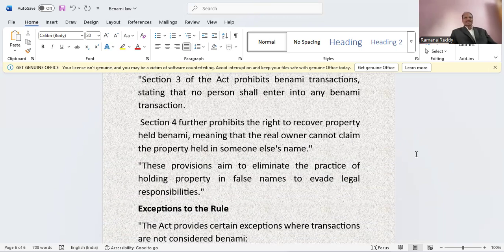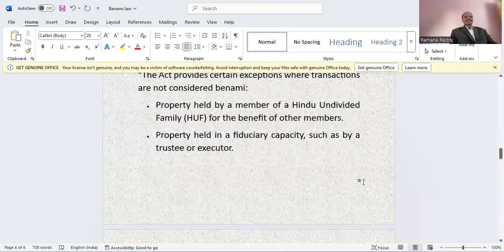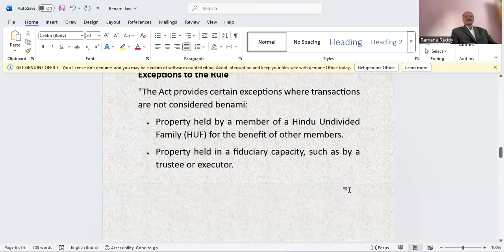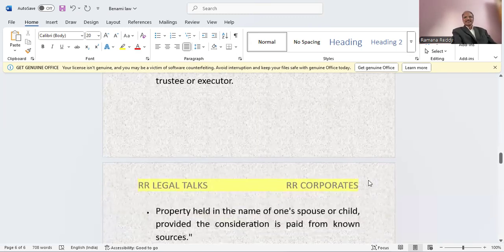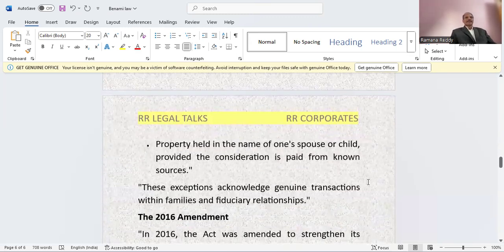Here, doubts come whether there are any exceptions to this rule. Yes, the Act provides certain exceptions where transactions are not considered Benami: property held by a member of a HUF, Hindu undivided family, for the benefit of other members; property held in a fiduciary capacity, such as by a trustee or executor; and property held in the name of one's spouse or child, provided the consideration is paid from known sources.